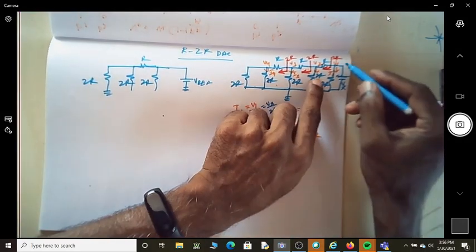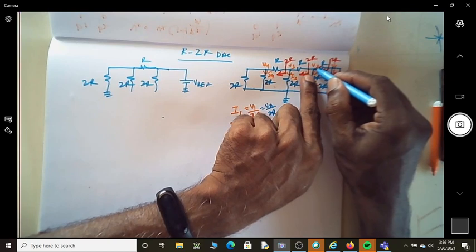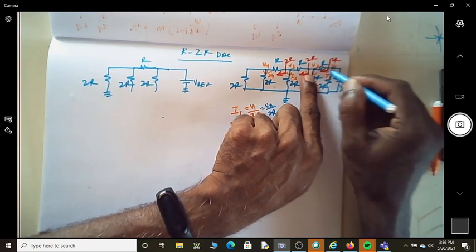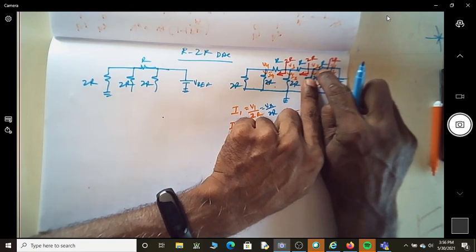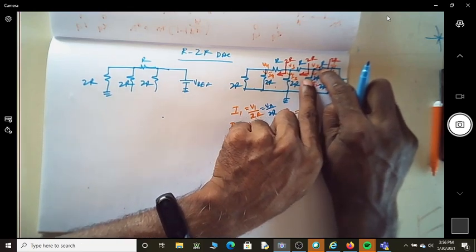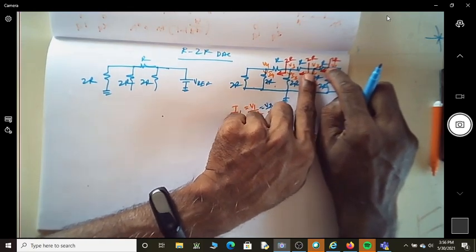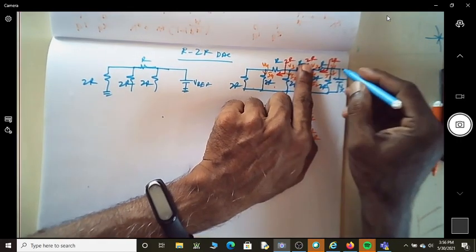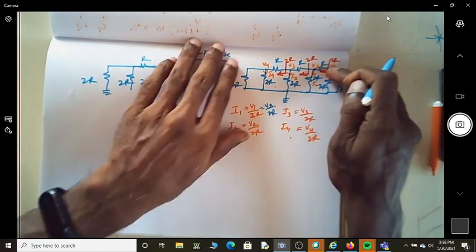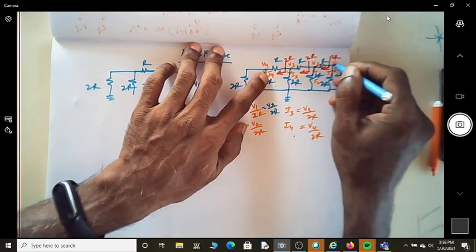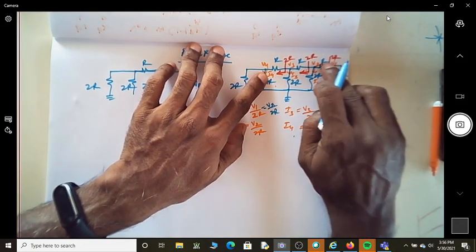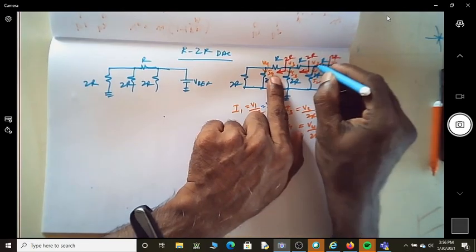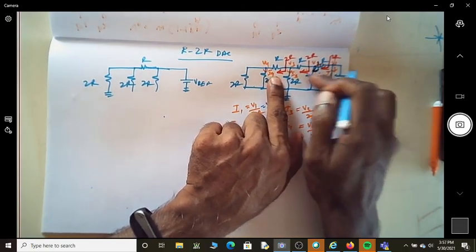Now what is the voltage at this point in terms of Vx? We know that this is R. This is R. So suppose this voltage is Vx. So do we have something like you have a voltage Vx here, you have a resistance R here, this is a resistance R. Looking from here, what is the effective resistance?